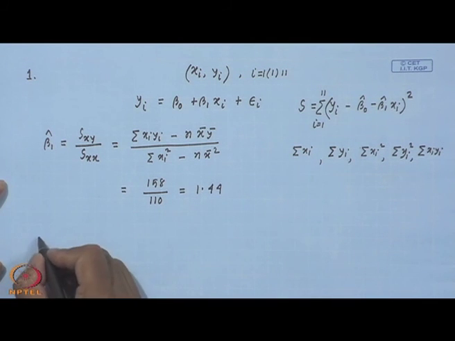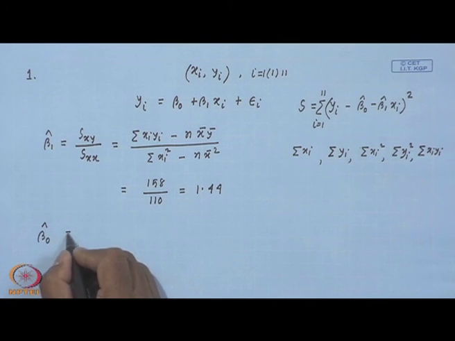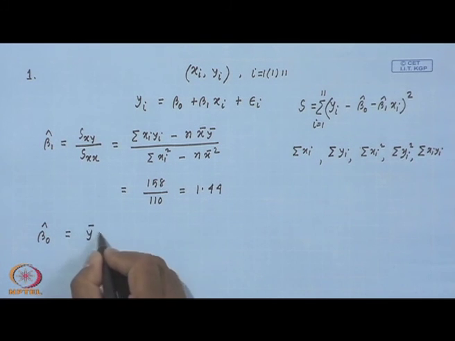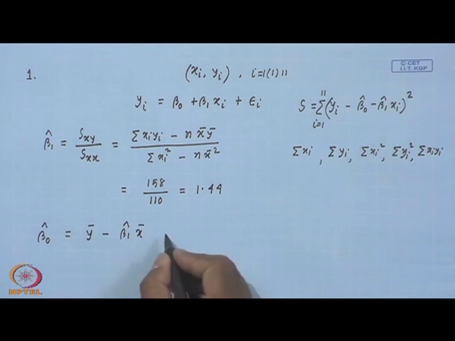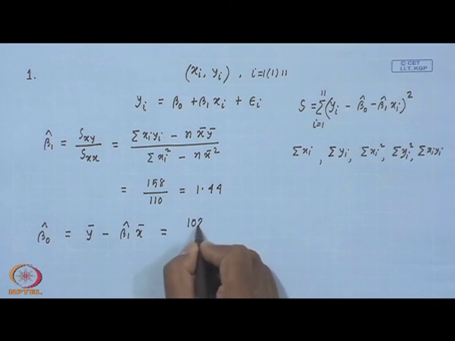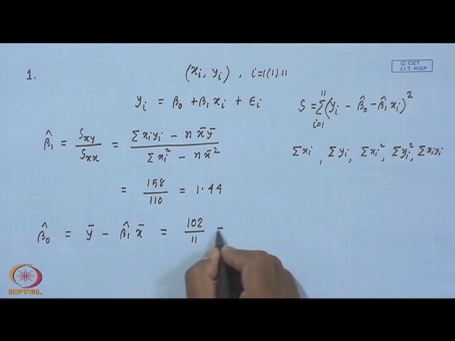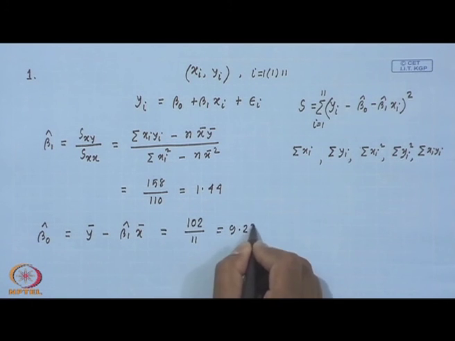And beta naught hat is equal to y bar minus beta 1 hat x bar, and you can check that this one is 102 by 11, that is 9.27.